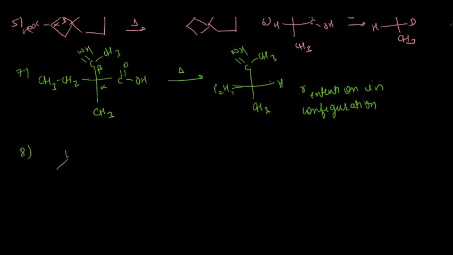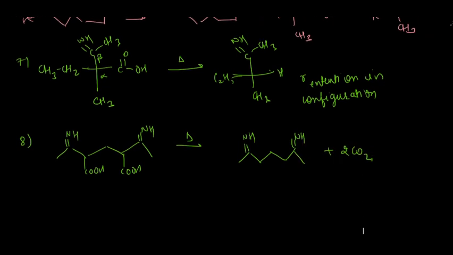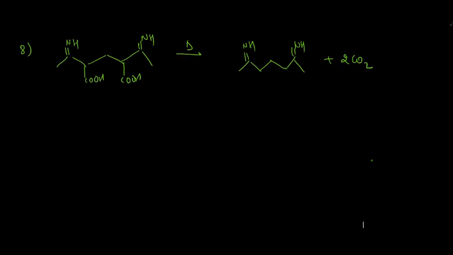Eighth, NH, COOH, COOH, NH. When we heat it, it will form NH2 plus 2 CO2. Because again, in every question we have the beta position with respect to the carboxylic acid.